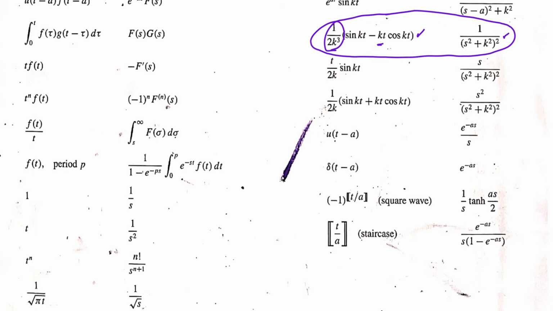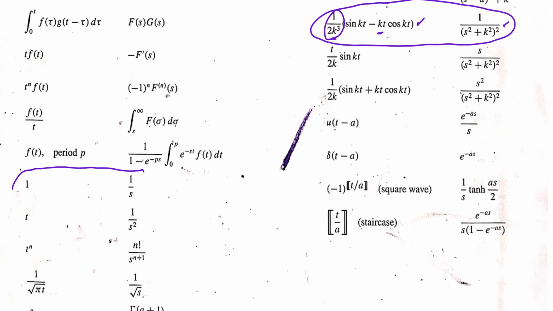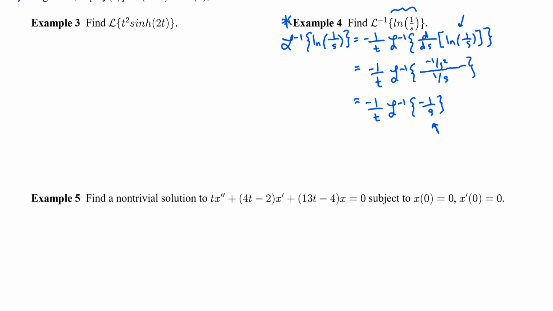So I'm going to search the table for 1 over s. Here it is right here. The inverse Laplace transform of 1 over s is 1. So the negative here times this negative makes a positive. So we end up with 1 over t.